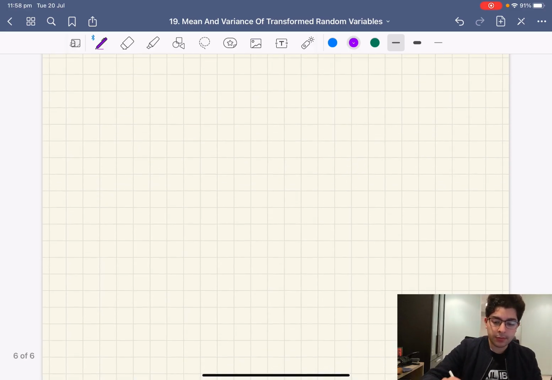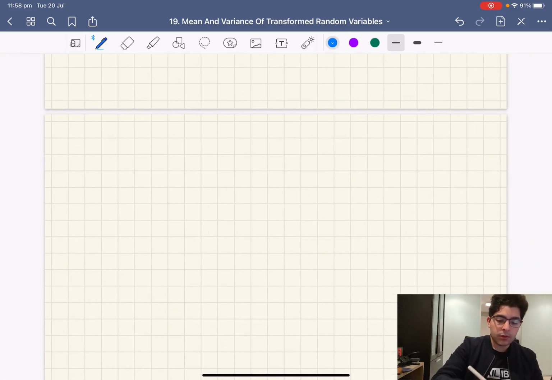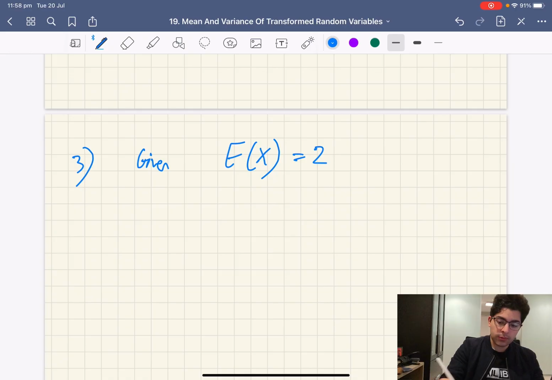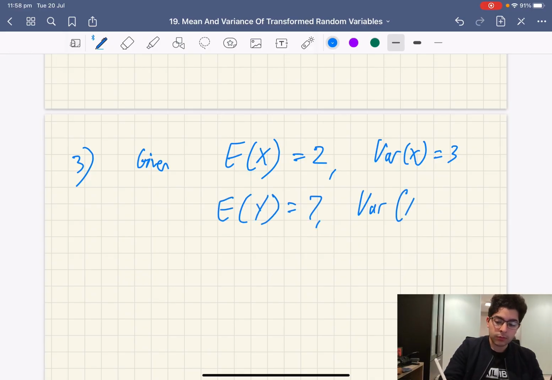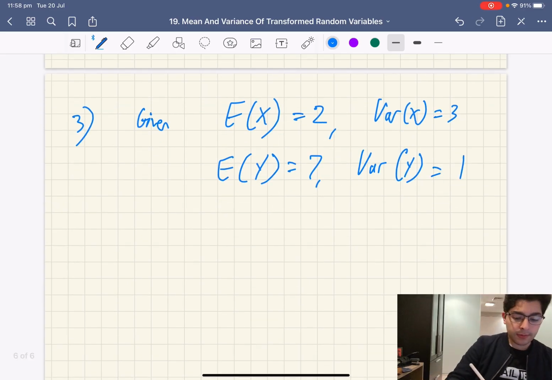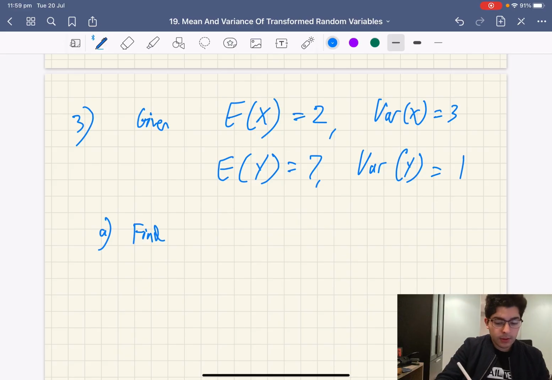If I said we had a variable X, and E of X is equal to 2, and the variance of X is equal to 3, and then we had Y. Let's say E of Y is equal to 7, and the variance of Y is equal to 1. And I wanted to find part A, E of 5X minus 2Y.